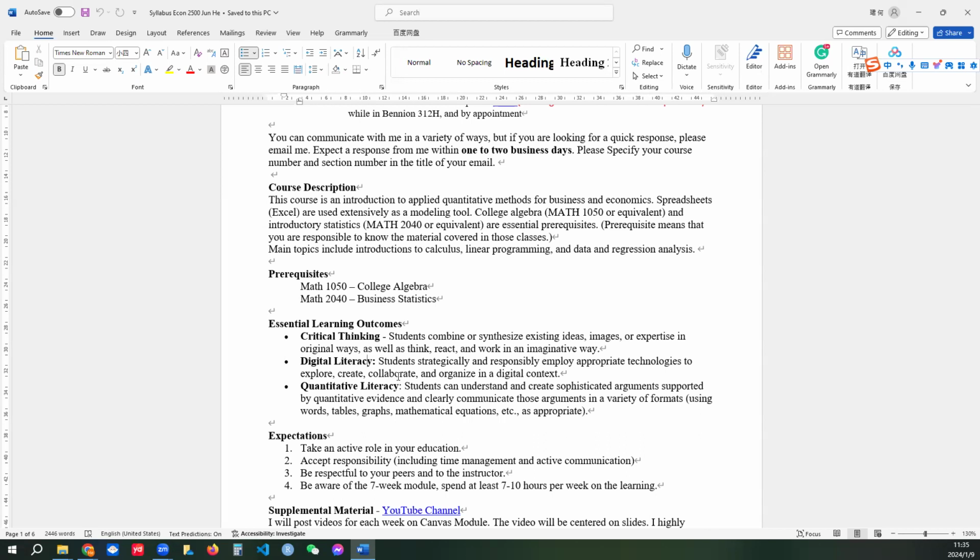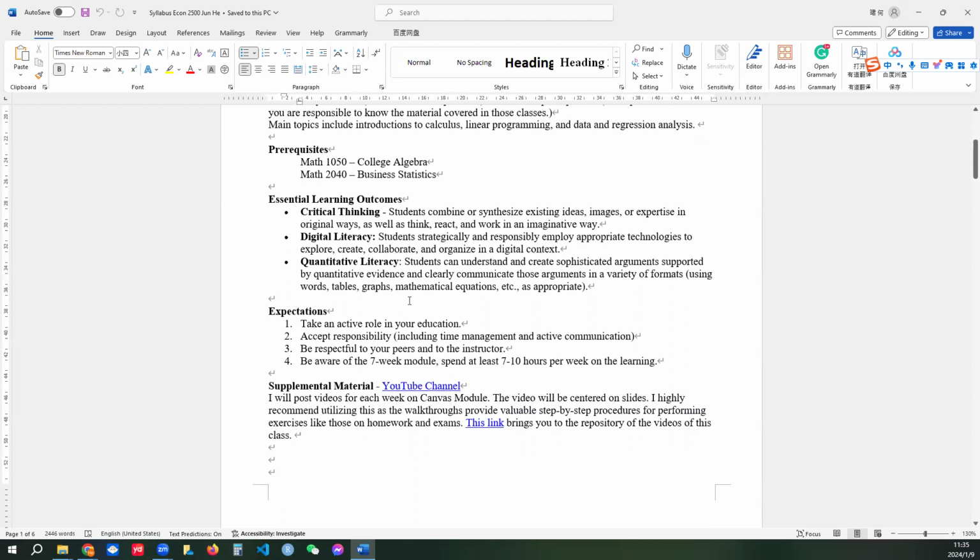And quantitative literacy is to say you should also master how to solve those problems by hand. Critical thinking, you should be able to connect those ideas and also test your ideas in the context of reality, which in this case, is the domain of economics and business. So please be active in this learning and accept the responsibility.